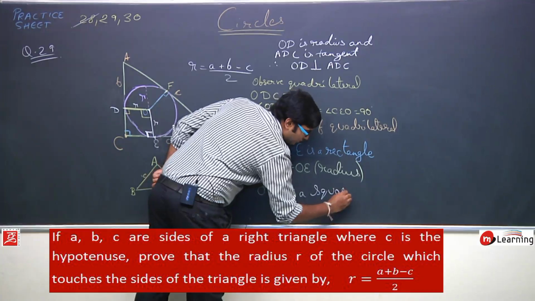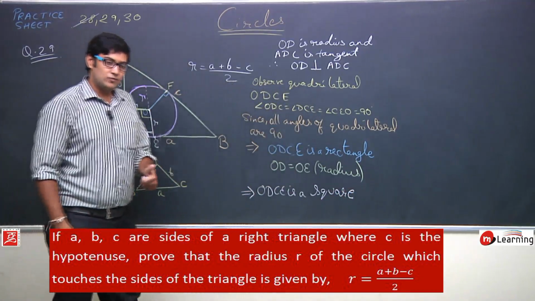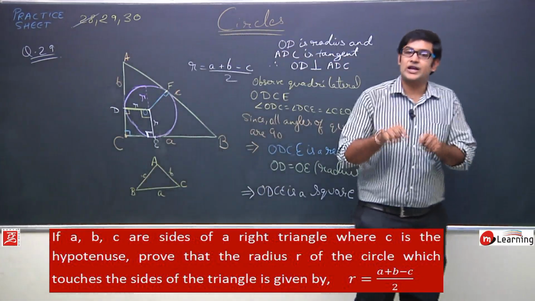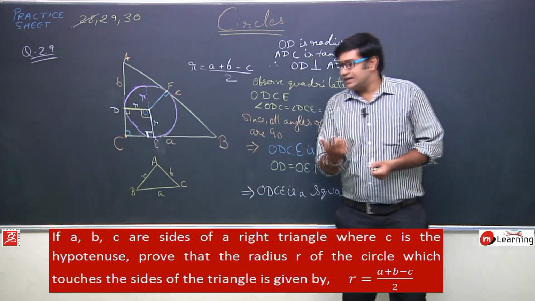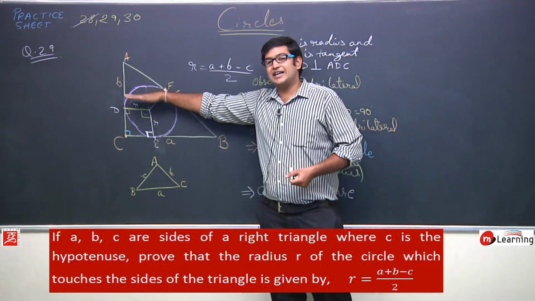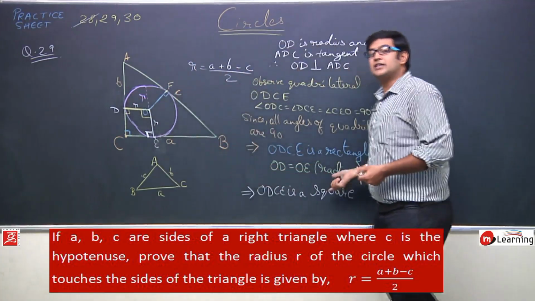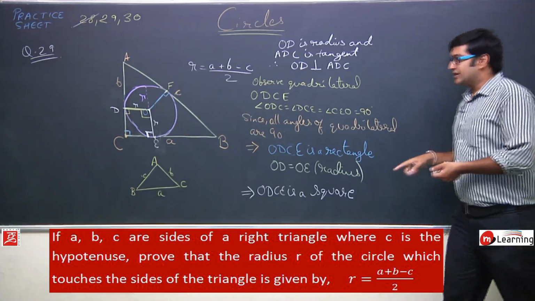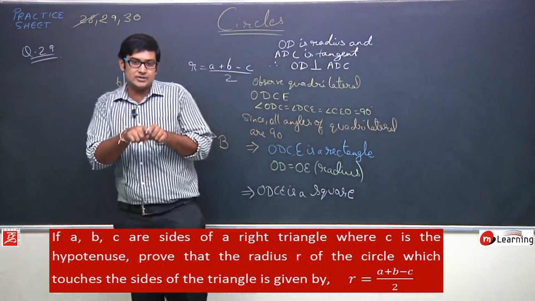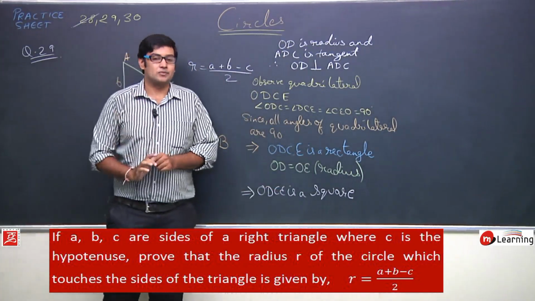We first proved it a rectangle because all angles are 90 degrees. Then we said these two adjacent sides are equal because they are radius of the circle. That's why a rectangle in which adjacent sides are equal is a square. So ODCE is a square.